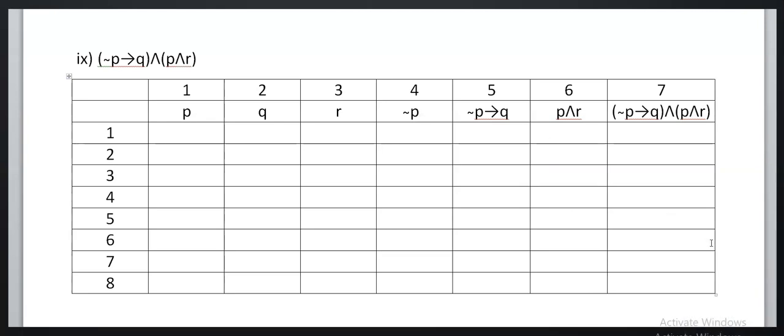Now the example number 9. That is negation of P implies Q, and in the second bracket P and R. Now the first is P: TTTTFFFF. Q is TTFF TTFF.